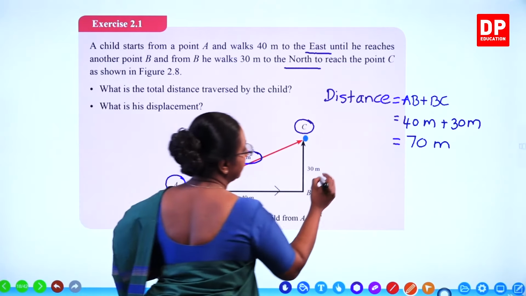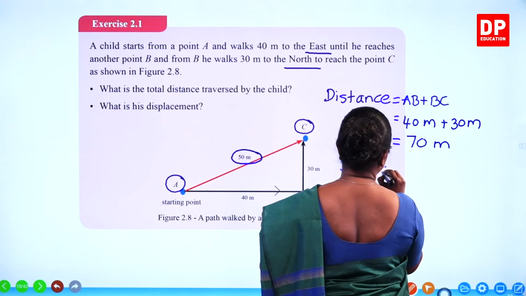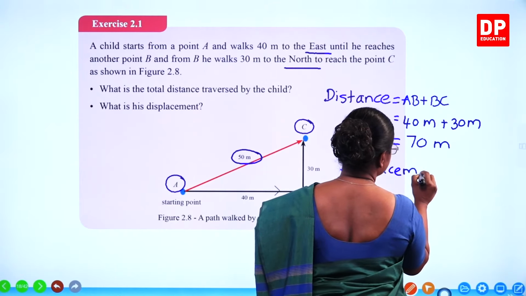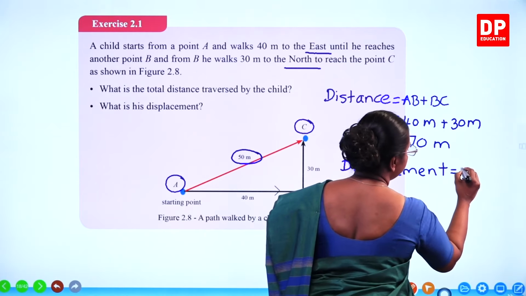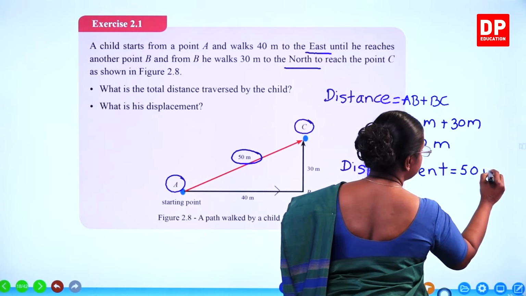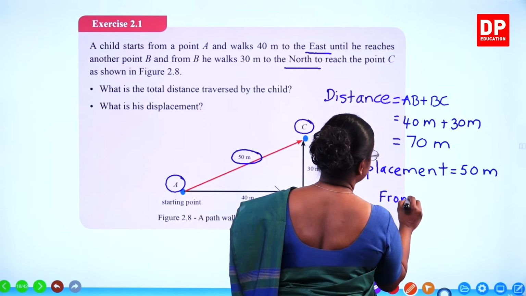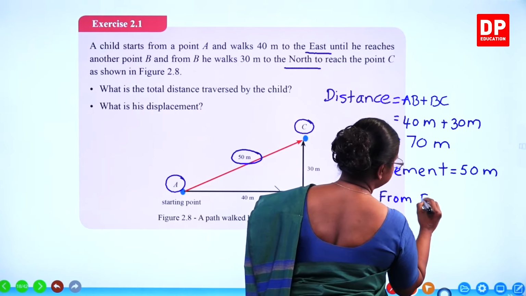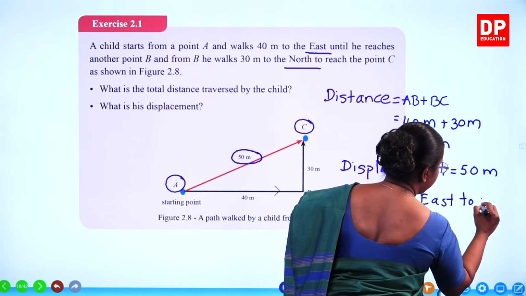So, we will be writing the displacement equals 50 meters from east to north.